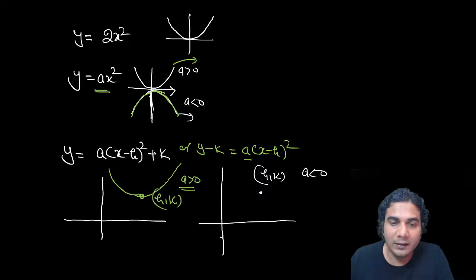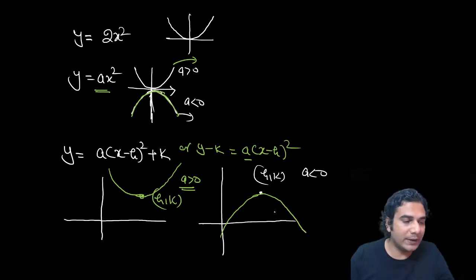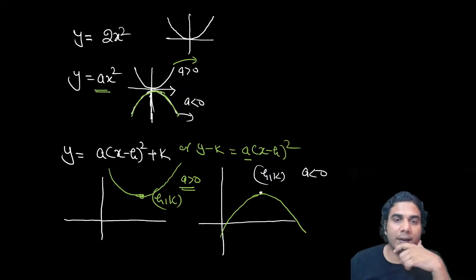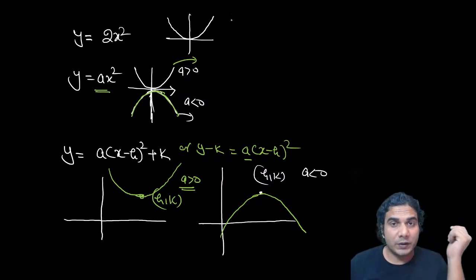So the graph will be a downward parabola like this. It's called downward, all right? So it will be upward or downward depending on the value of a, that is, on the coefficient of x square, all right? These are the graphs of a quadratic. I hope so far it is clear.